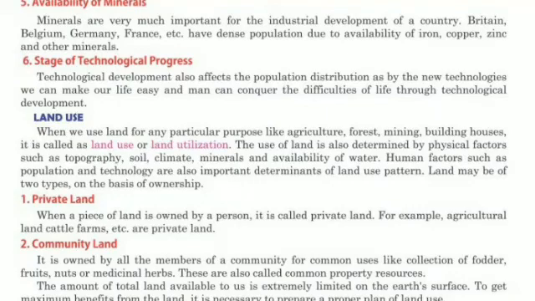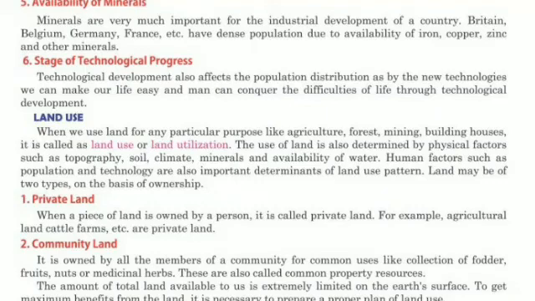Next, stage of technological progress. Technological progress also affects the population distribution, as by new technology we can make our life easy. Man can conquer the difficulties of life through technology and development. Clear? Next, we will study land use.